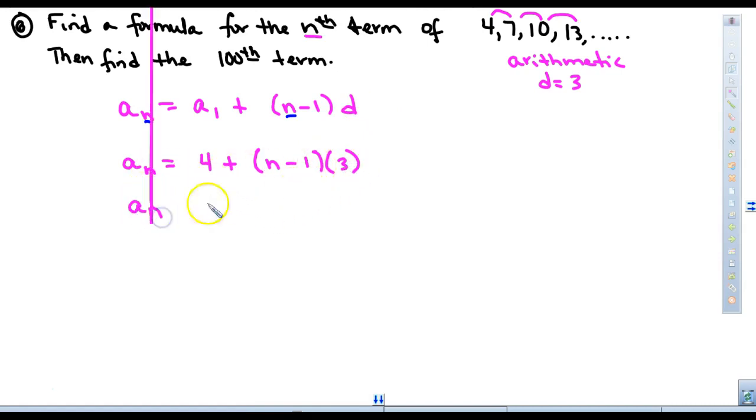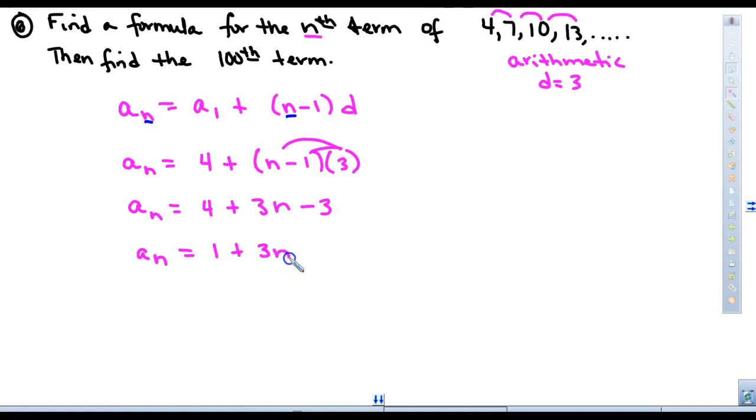So a sub n is equal to 4 plus 3n minus 3. And when I simplify and combine my like terms, I have a sub n is equal to 1 plus 3n, or 3n plus 1, either way you want to write it.